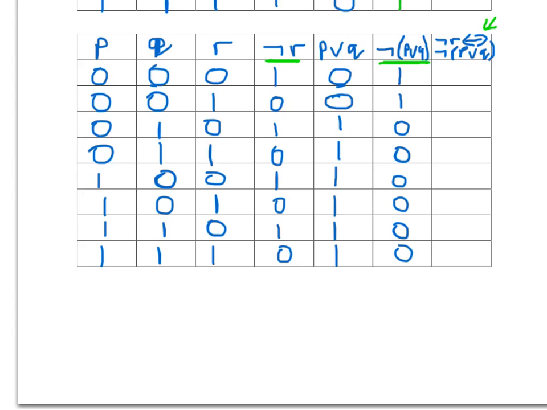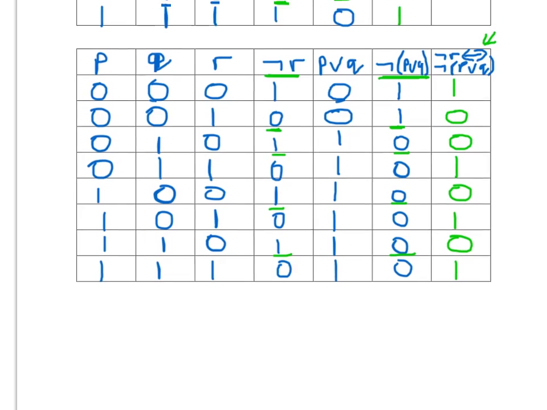So here's 0, 1 as an input, so it's false in that case. Here's 1, 0 as an input, so it's false in that case. Here's 1, 0 again as an input, false. Again, the last one here, 1, 0, it's false. Everywhere else it's true, so basically it's true for 1, 1 and 0, 0.